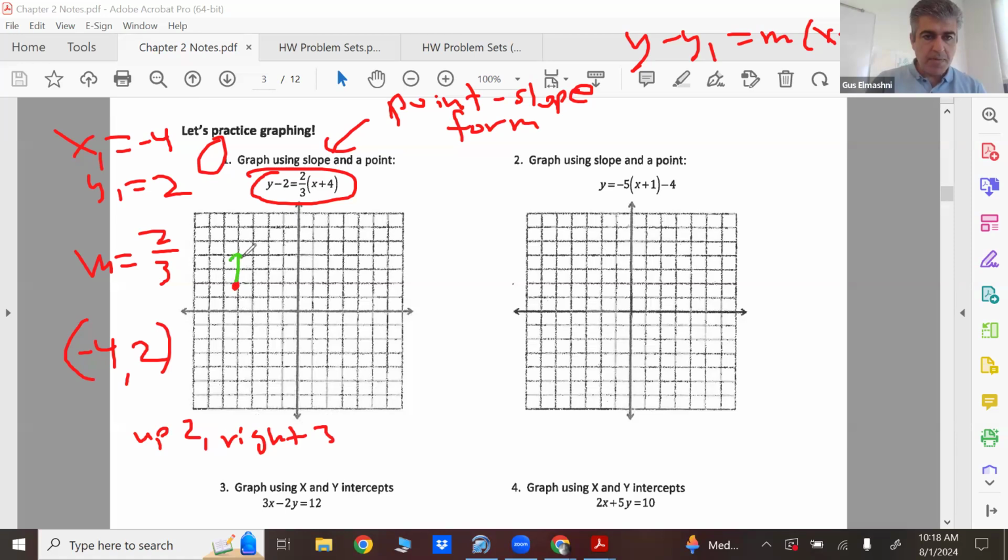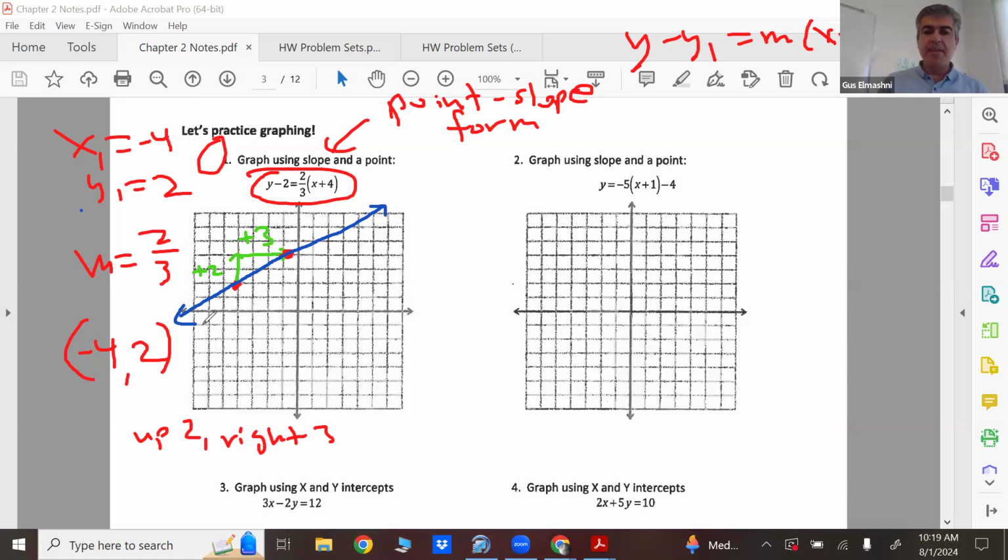Up 2. 1, 2, 3. Right 3. And there you go. That's it.